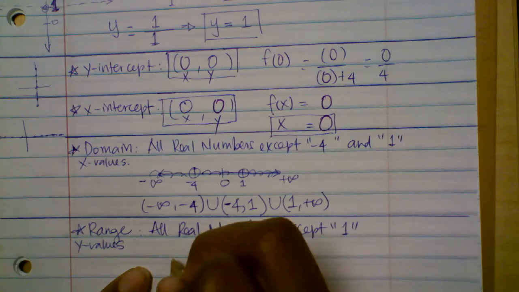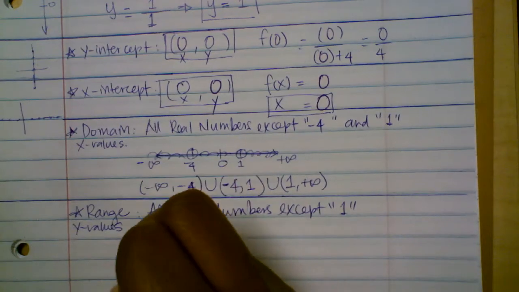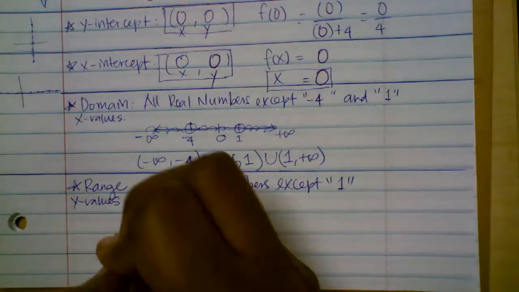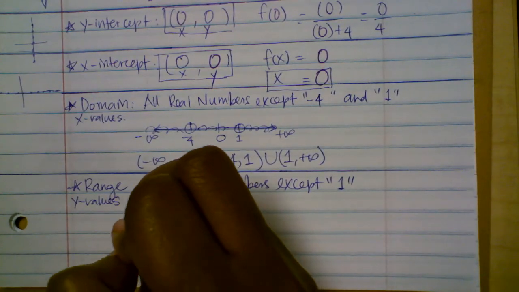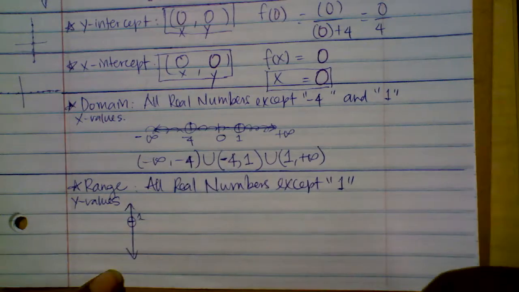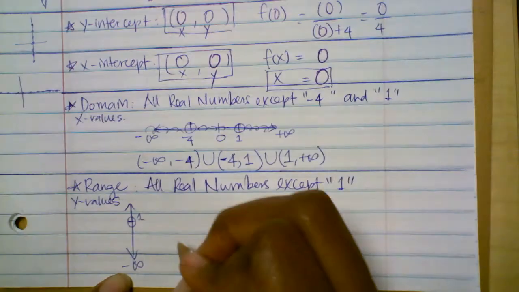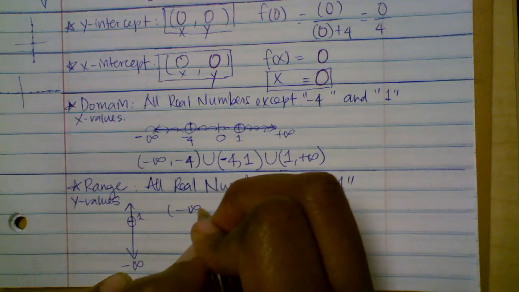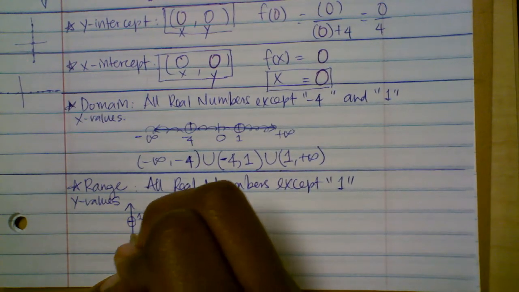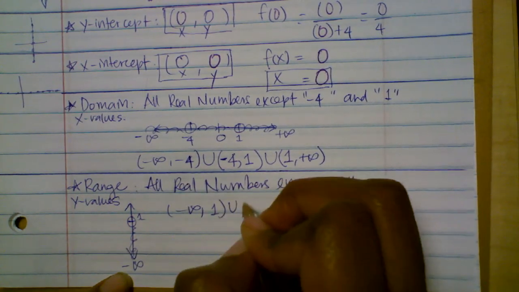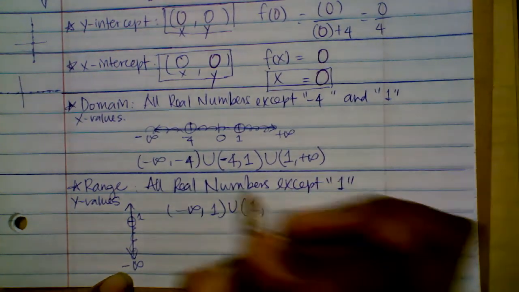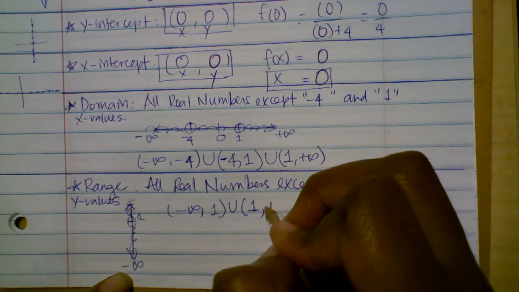Let me draw the visual again. Let's assume this is 1 here, so it's an open dot. Always go from lowest to highest: from negative infinity, comma to 1, close, union, and you start at 1, comma to positive infinity.